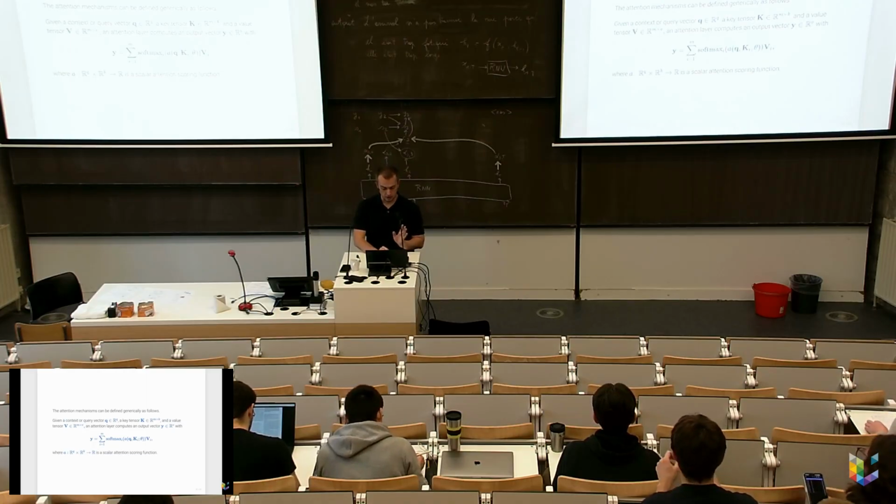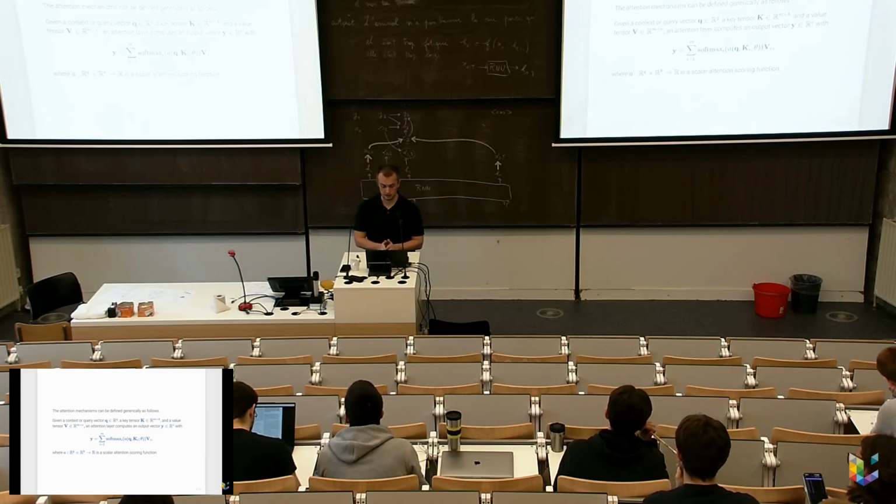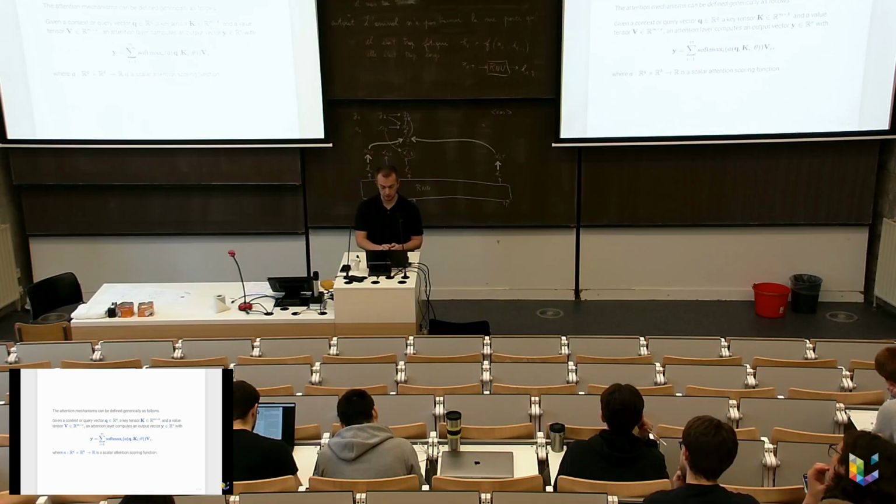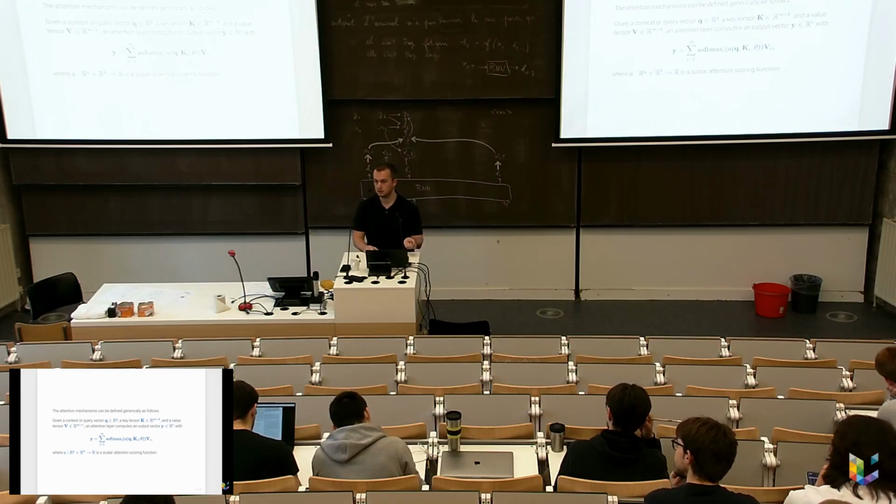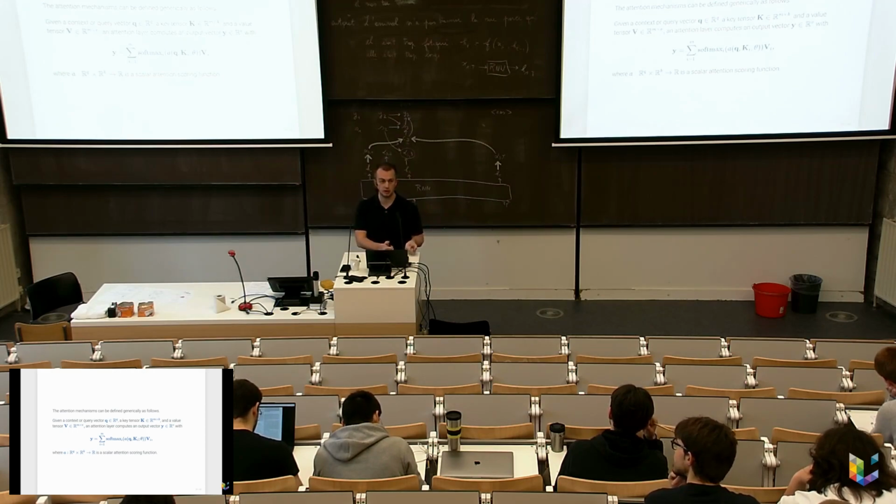Okay, so what I was saying is that you evaluate the attention score for every key in your database, every key in your key tensor with respect to q. That gives you all these attention scores, so m of them. You softmax these values, okay? So that produces now a vector of weights, which are all positive and smaller than 1, and when you sum them, you get a value of 1, okay?